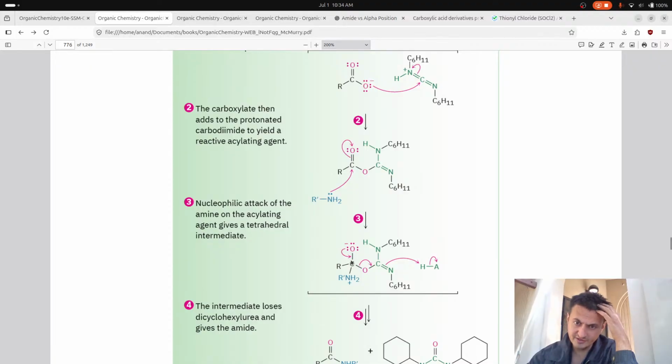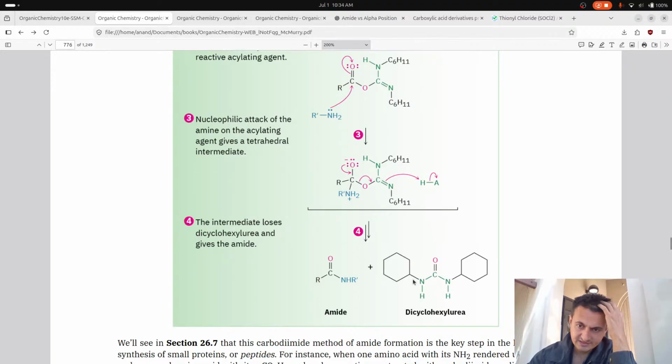The anion then regenerates the carbonyl, forming a carbonyl actually on the leaving group too. Oh yeah, dicyclohexylurea.